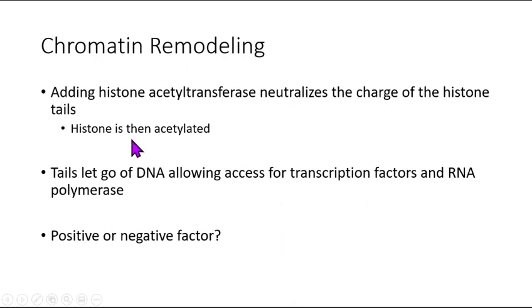When that happens, we say the histone is acetylated. When the histone is acetylated, that means the tails are going to let go of the DNA, and the DNA is going to unwind off of that spool. Well, do you think that's going to be a positive or a negative factor, if all of a sudden there's more DNA available? Yeah, positive. Very good.